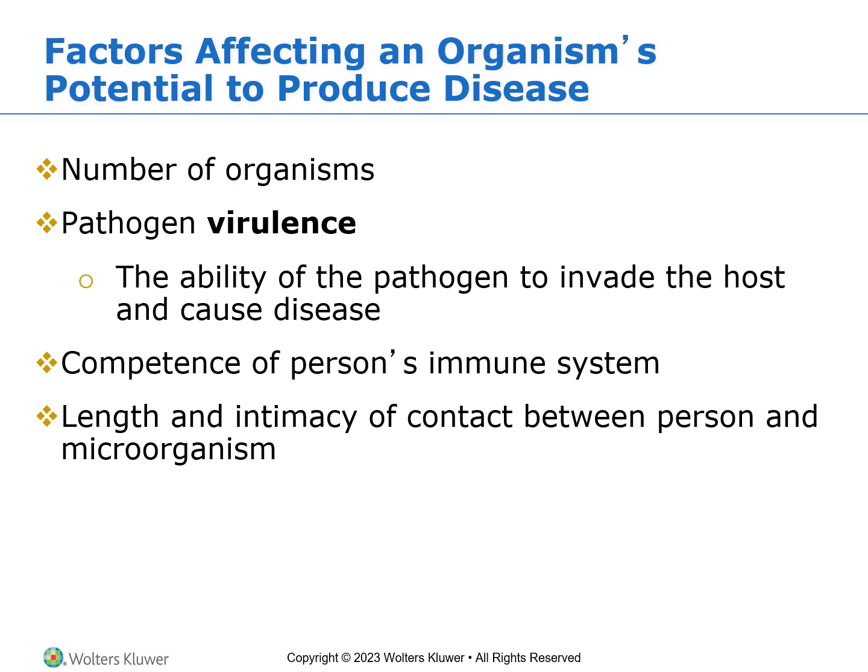The next factor to consider is the pathogen's virulence. Now, this is one of our terms for this week, and this simply means the ability of the pathogen to invade the host and cause disease. Some types of organisms are just better at this than others, and others sort of act like they don't really mean it. Like, I'll make you sick, but I'm not going to try very hard. And so just the virulence of the pathogen does make a difference.